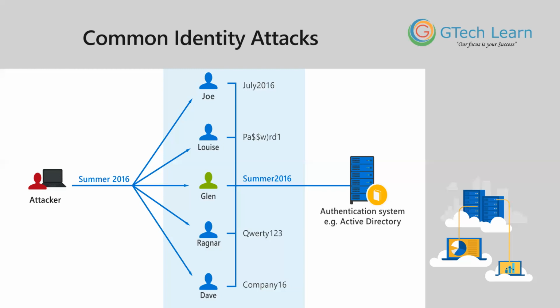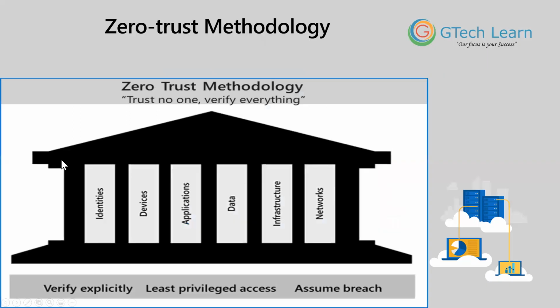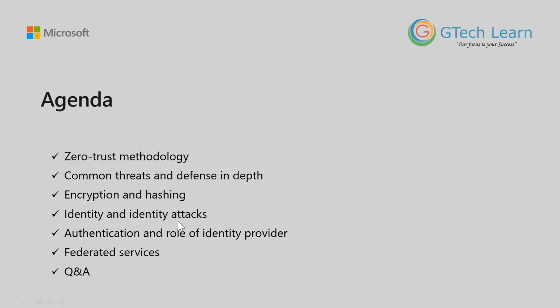After that, we discussed identity as a primary security perimeter, where we studied how identity works as a main pillar of the perimeter. After that, we studied authentication and the role of the identity provider.